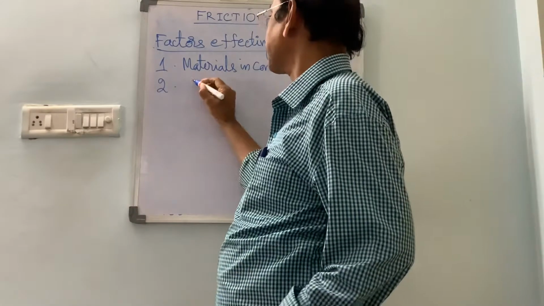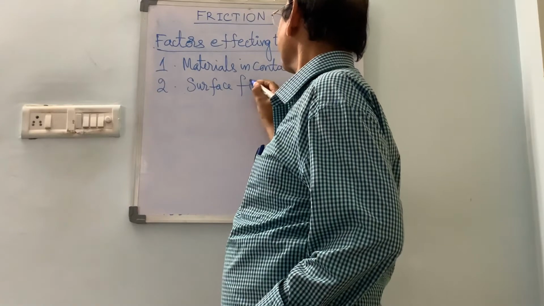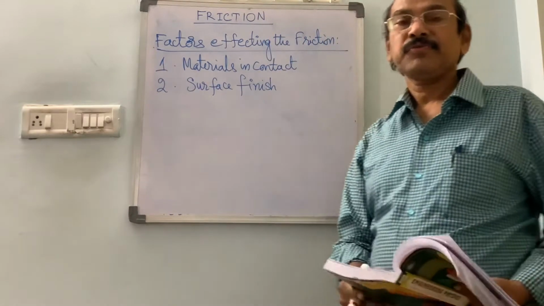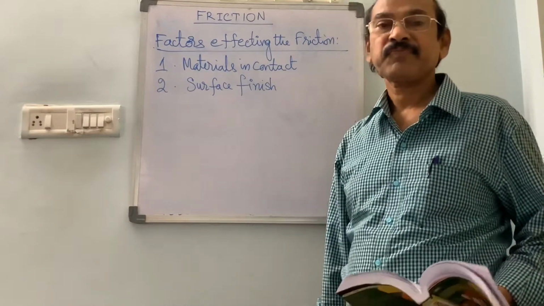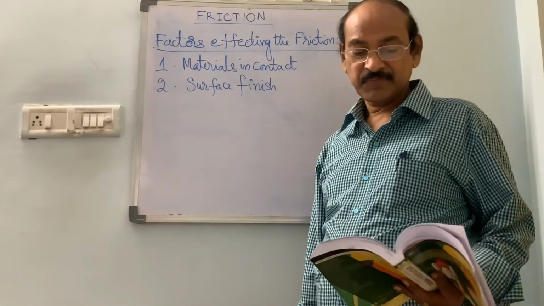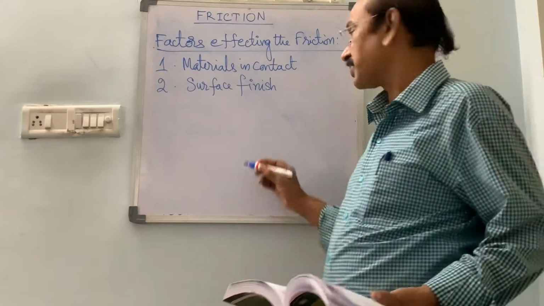Second one, surface finishing. When the surfaces are rough, then if we finish them smooth, it affects the friction value.